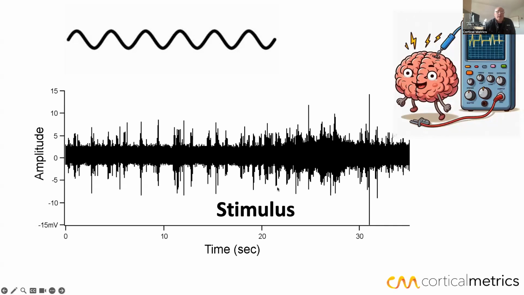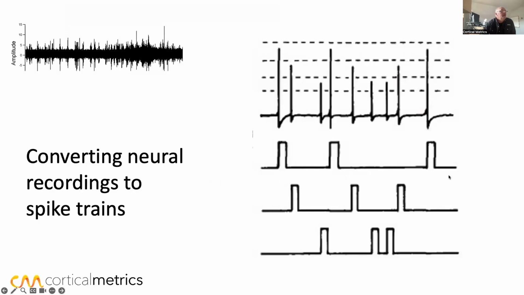So what do you do with this, and how can you study anything? Well, one way you can do it is clean it up a little bit and do the math. Everybody wants to do the math and convert these neural recordings to what we call spike trains.